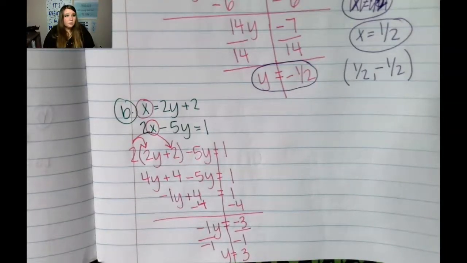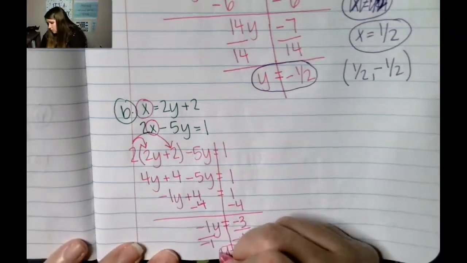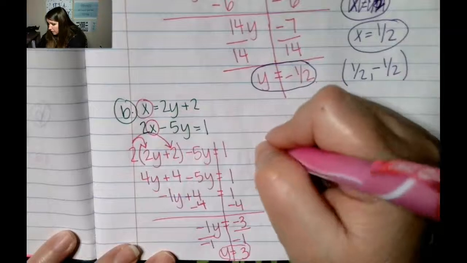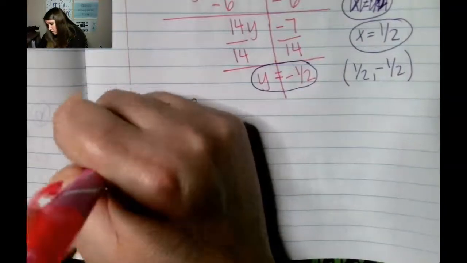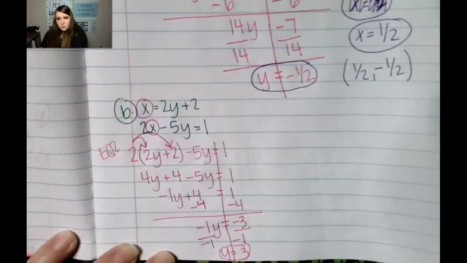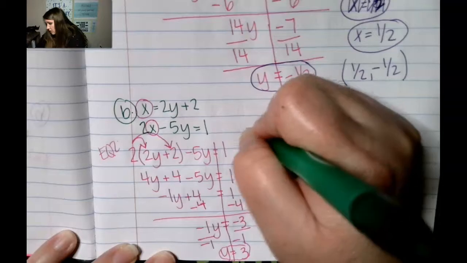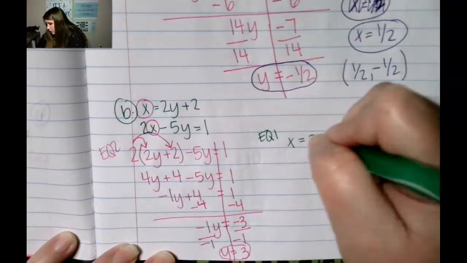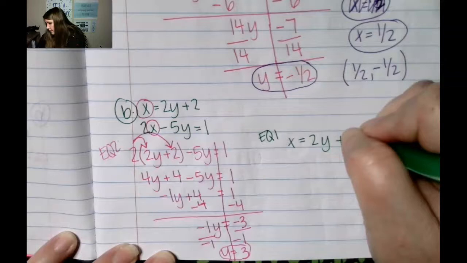So now that we know what y equals, we are going to plug y in to equation 1. So we've used equation 2. Now we have to use equation 1. X equals 2y plus 2.